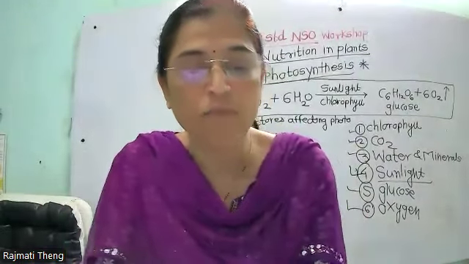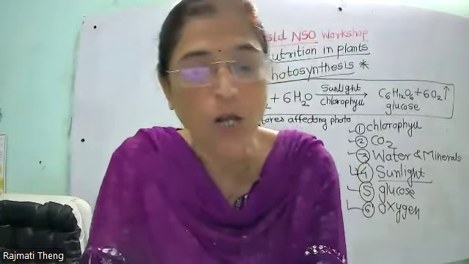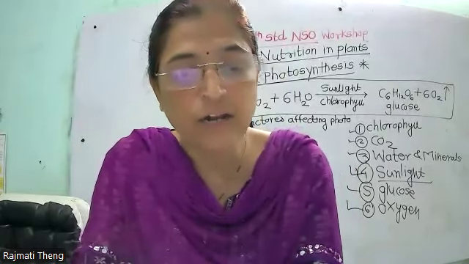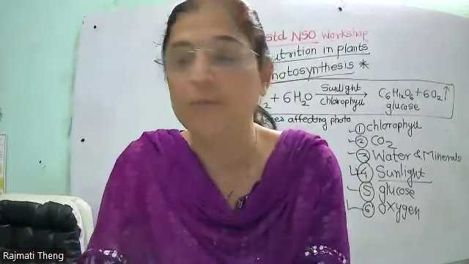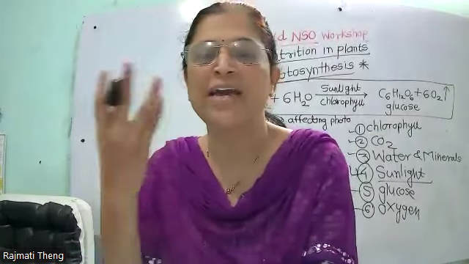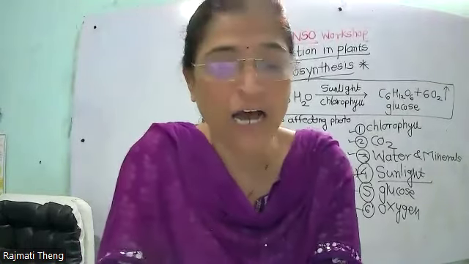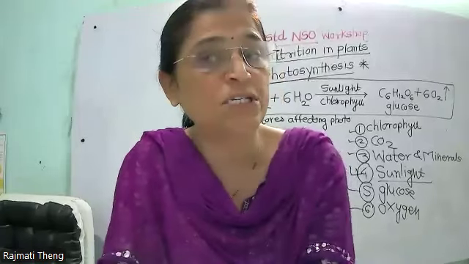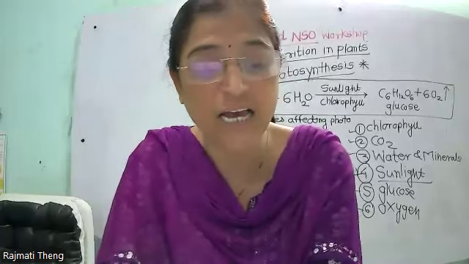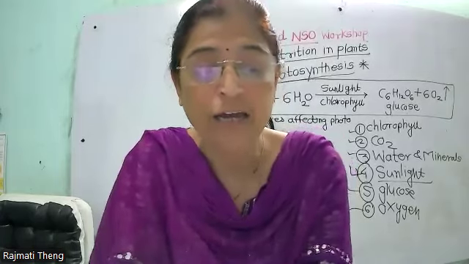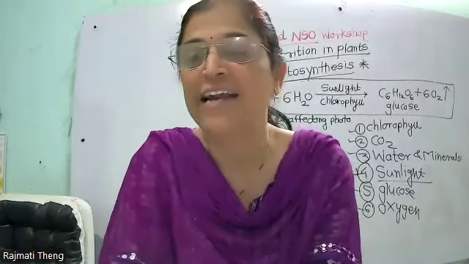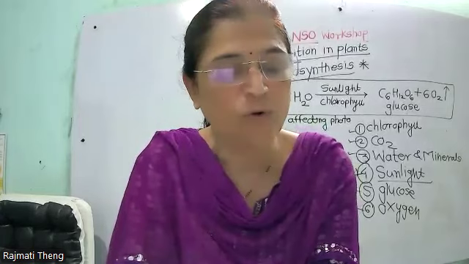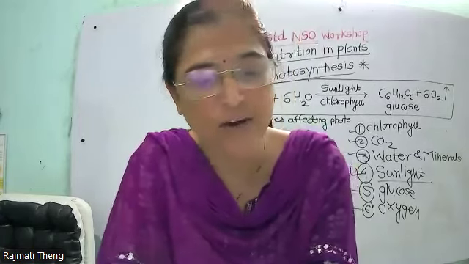Now second factor that is light. The rate of photosynthesis is low under low light intensity. लाइट की इंटेंसिटी कम है तो फोटोसिंथेसिस का जो रेट है वो भी कम हो जाता है. Rate of photosynthesis increases with high intensity light. लाइट की इंटेंसिटी हाई है तो फोटोसिंथेसिस भी हाई होता है.